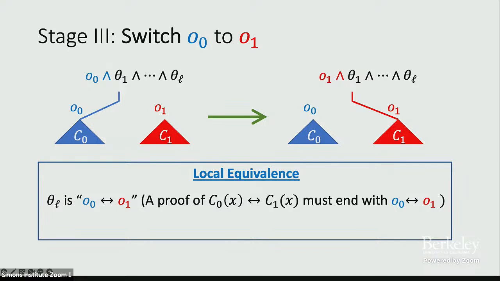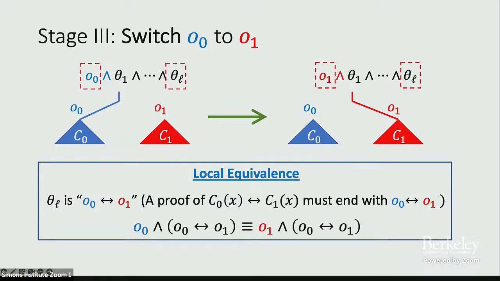So if you look at the subcircuit formed by O0 and θl, then before this switching, it computes a function on the left-hand side. And after we do this switching, it computes a function on the right-hand side. So the functionality equivalence of this switching step can also be argued in a local way.